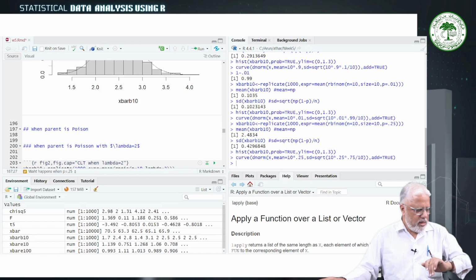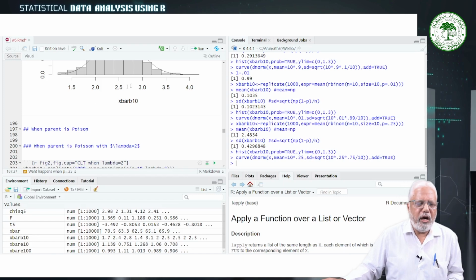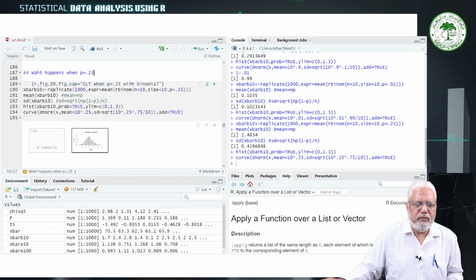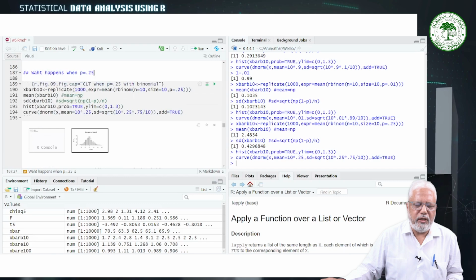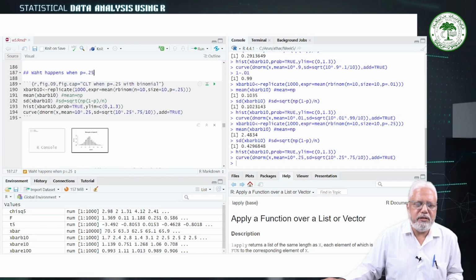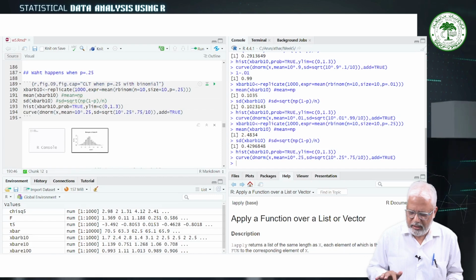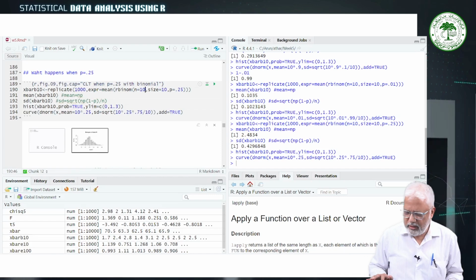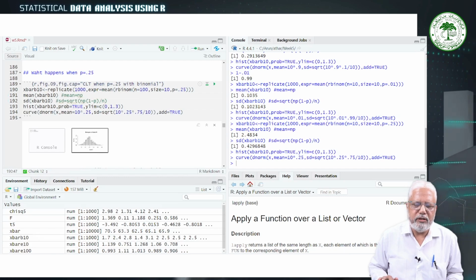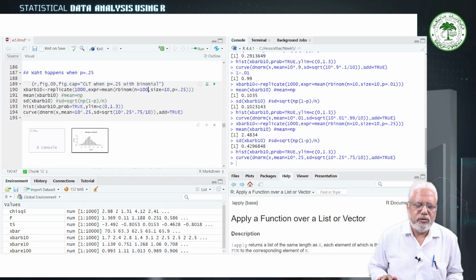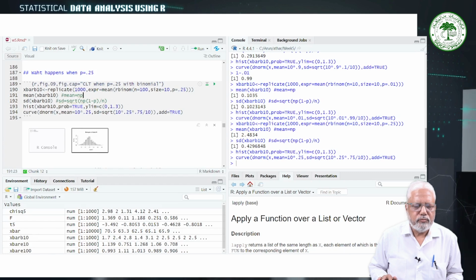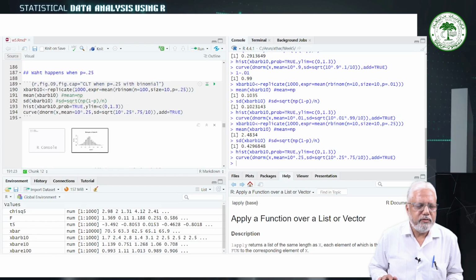So this is all about how p varies and how this affects the approximation. But if we change the sample size, for example instead of 10, suppose we increase it up to 100, see what happens.